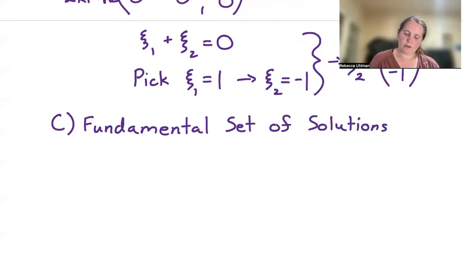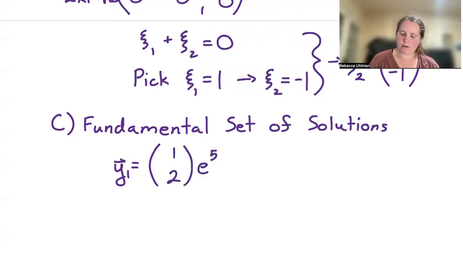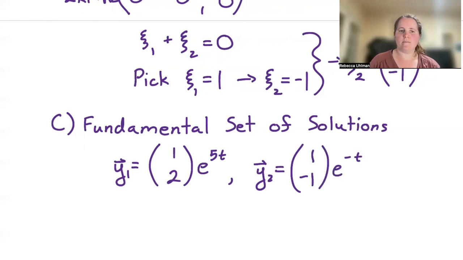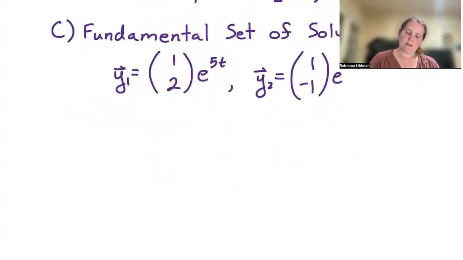We pick y1 to be 1, 2 times e to the 5t, and our y2 is 1, -1 times e to the -t. Next up, we solve the non-homogeneous system.